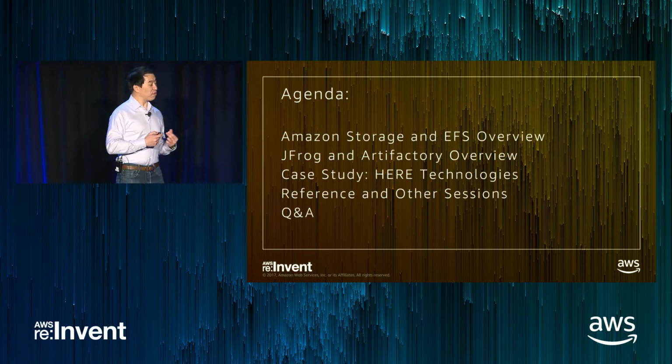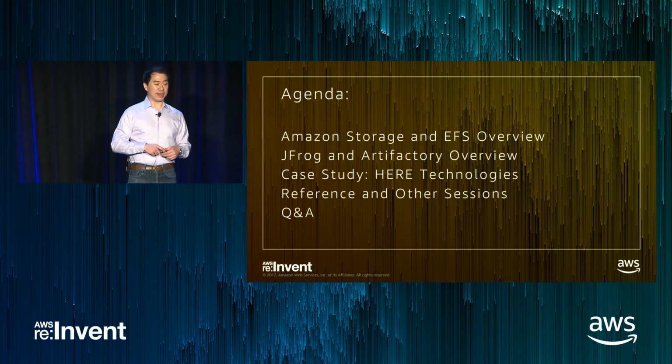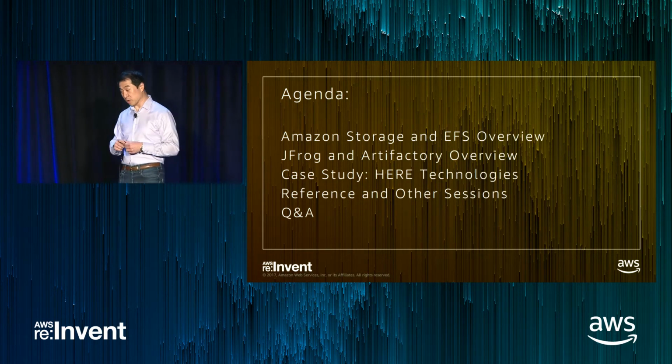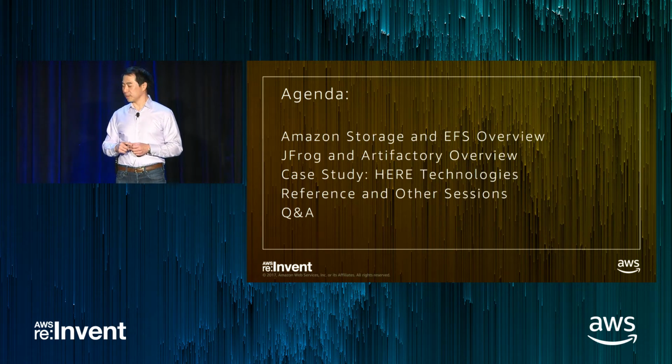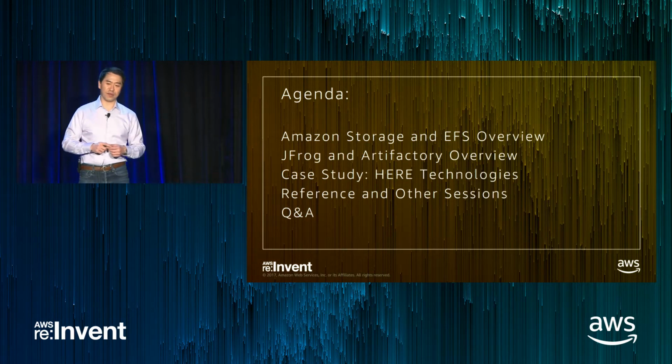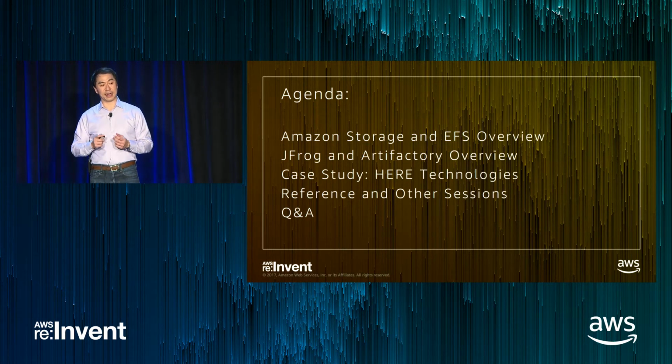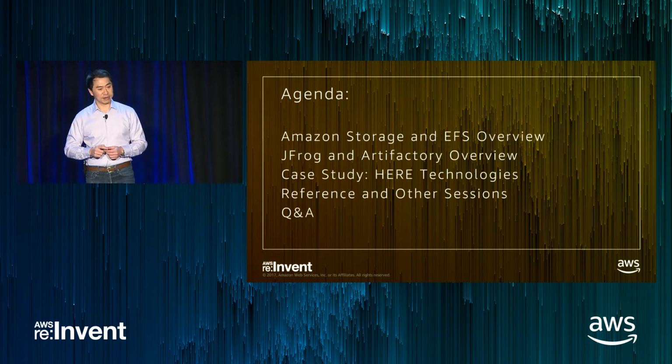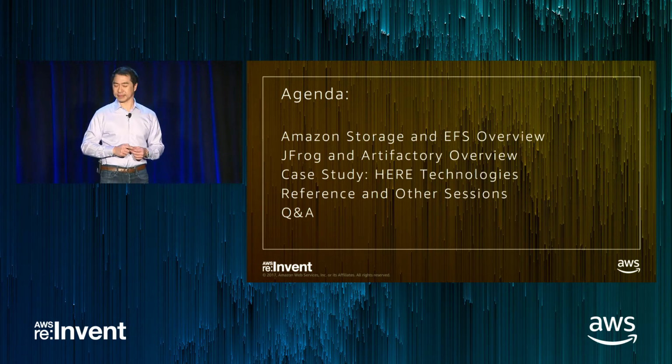We'll leave you with some references and some pointers to some other sessions here at re:Invent for additional knowledge on the subject. And then we should have about 5 to 10 minutes for dedicated Q&A, as well as the speakers will be around after the session for one-on-one Q&A.